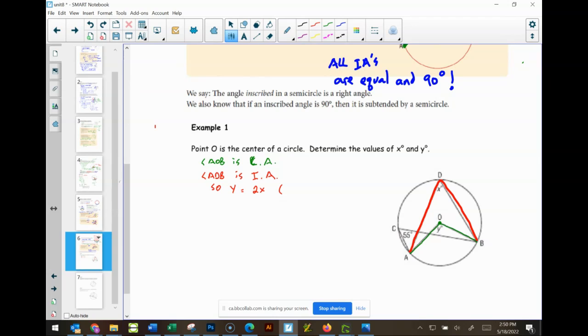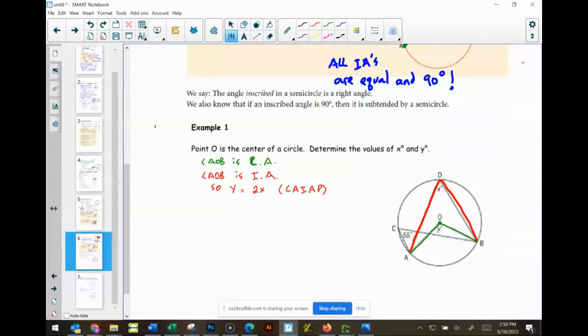And how do I know that? That was the central angle inscribed angle property, the very first one we did today. I don't know what Y is, but I do know that it's 2 times as big as X. Whatever X is, Y is 2 times that.